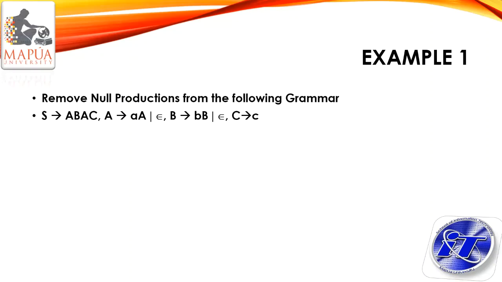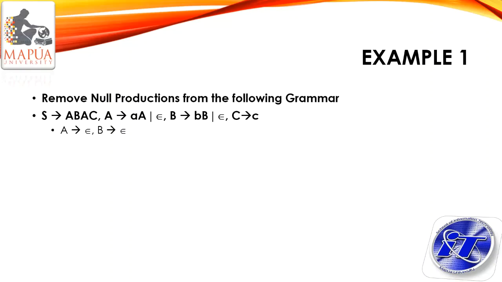Non-terminal B yields to terminal b, non-terminal B, or null, and non-terminal C yields to terminal c. So step one, identify all production rules that yield null. We have two, A and B. A yields to null, B yields to null.